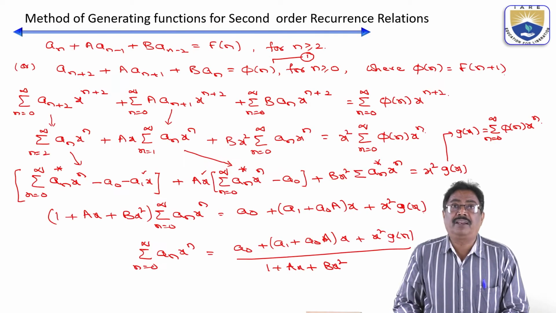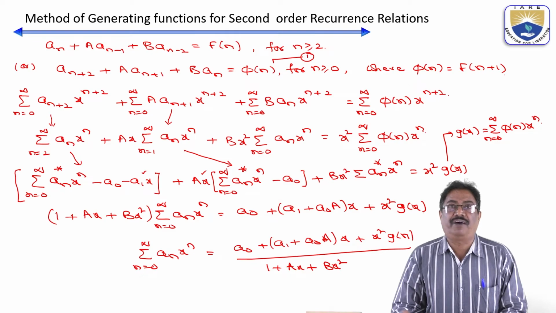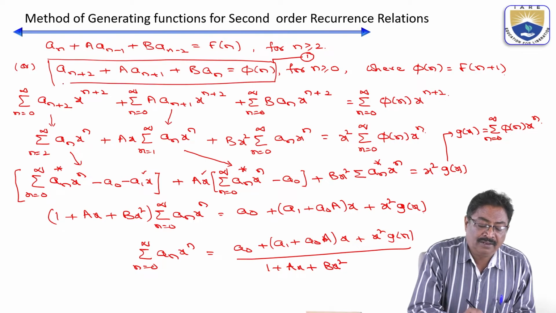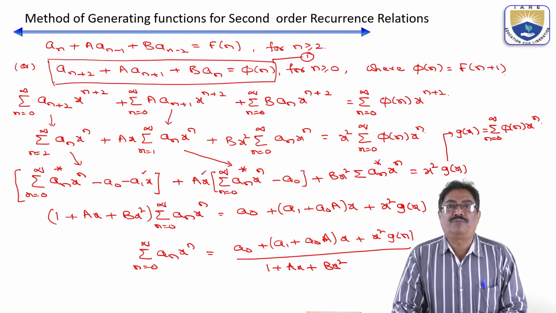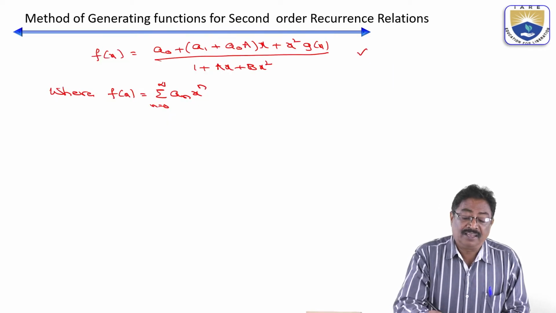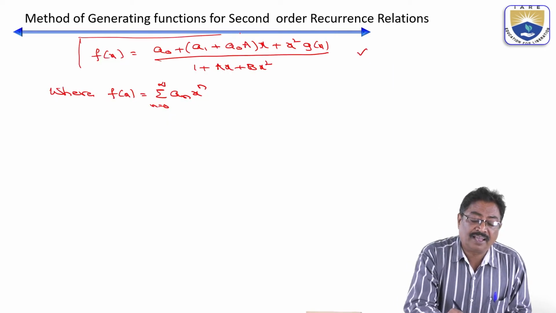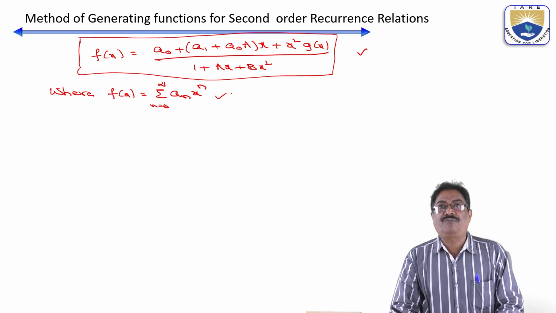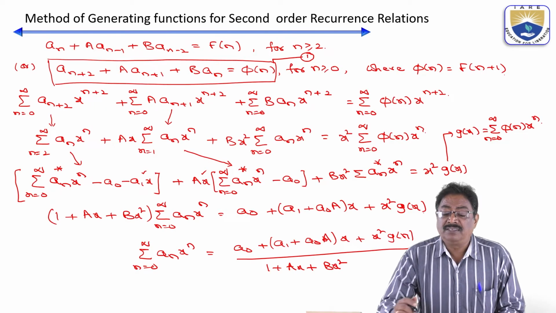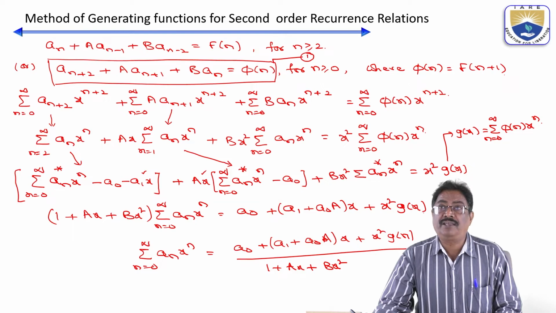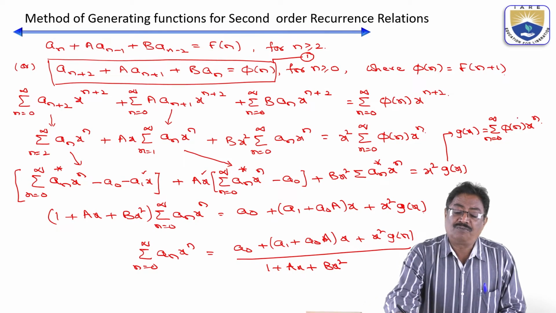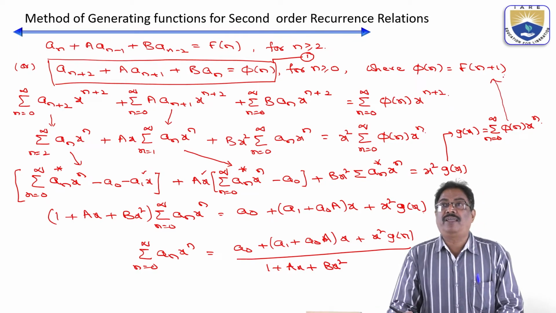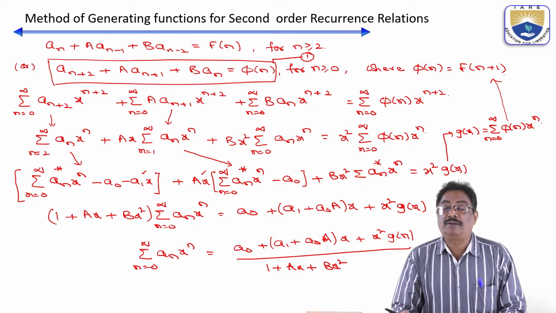Whenever any second order recurrence relation of this form is given, then we have to find the recurrence relation like this, where f of x is this and g of x is the summation of phi of n x to the power of n. And phi of n is equal to f of n plus 1.